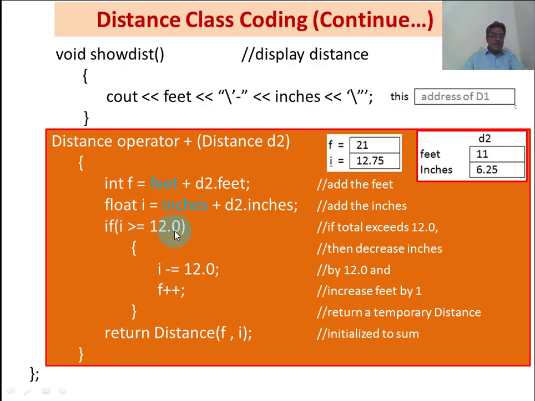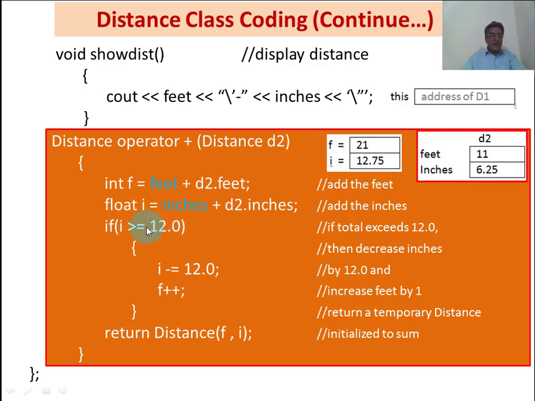If the value of I is less than 12, then it will skip this block and will execute this return statement. But in this case, the value of I is 12.75. 12.75 is greater than 12. That is, there are 12 inches. 12 inches are equal to a foot.